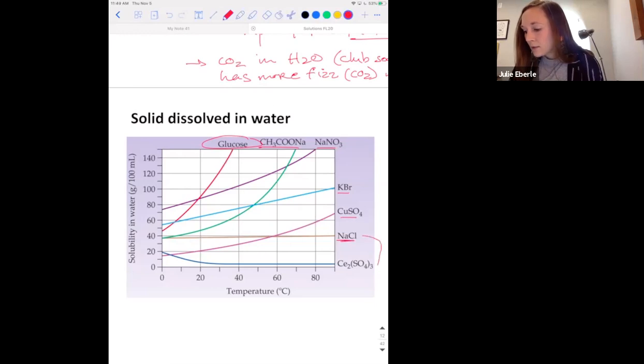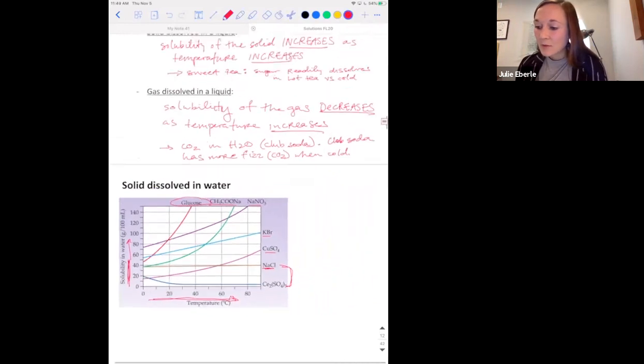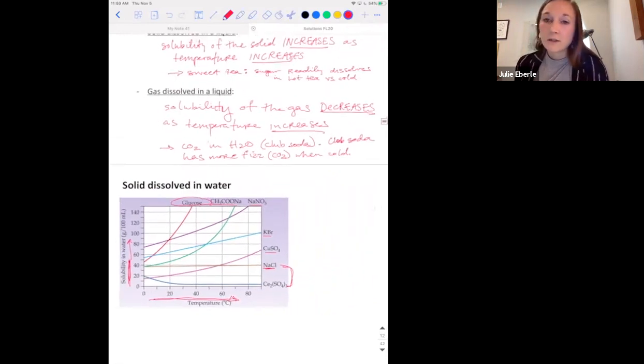Now, these bottom two don't follow the trends very well, but most of these lines you can see, as you increase temperature, they curve upwards, okay? Because this is the solubility, the amount that's dissolved. So that means you climb in solubility as you climb in temperature. And that's exactly what we said here: the solubility increases as the temperature increases. And that's exactly what this graph is showing.